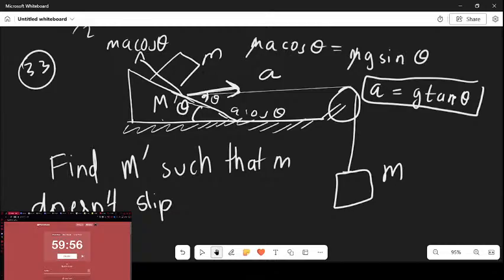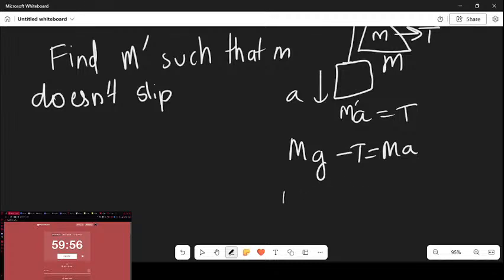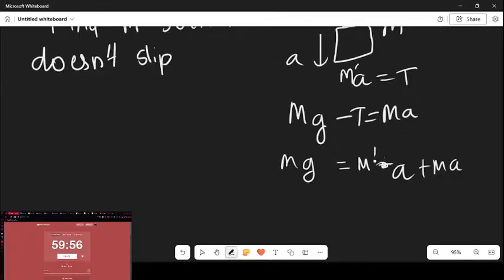Alright, now if acceleration is g tan theta, then on the block of mass m we have tension acting, due to which it's going to move, and this is going to fall downward with an acceleration a. mg minus tension is equal to m dash a, and mg is m dash plus m times a. Now that should be g tan theta.